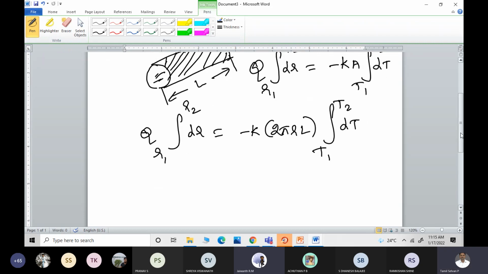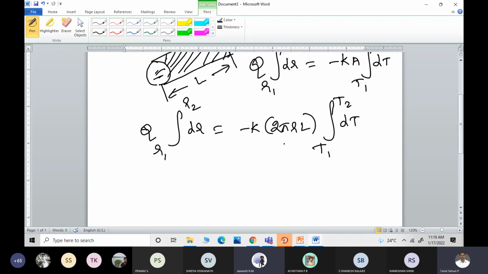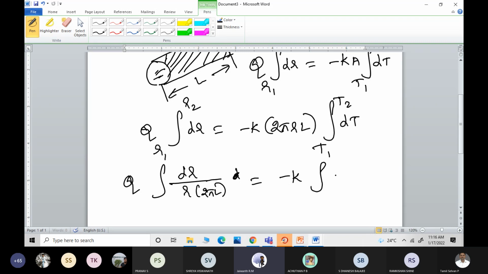Now taking this 2 pi RL to the other side, Q into dr by R into 2 pi L. This 2 pi L I have the liberty to take outside.